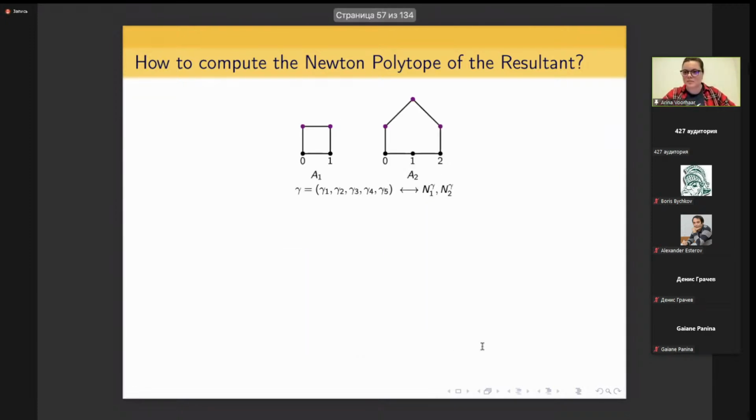Second step. Computing the support function is basically trying to understand its linearity domains and the coefficients inside each of the linearity domains. In order to find those coefficients, suppose you just have a linear function, right? And you want to understand its coefficients.